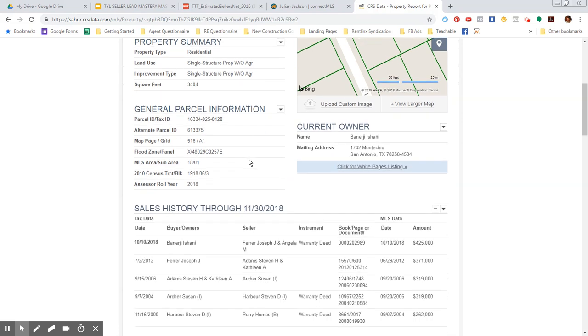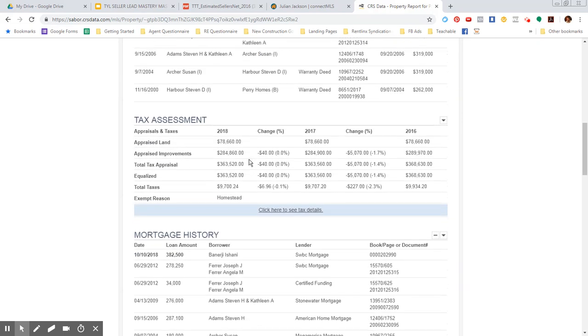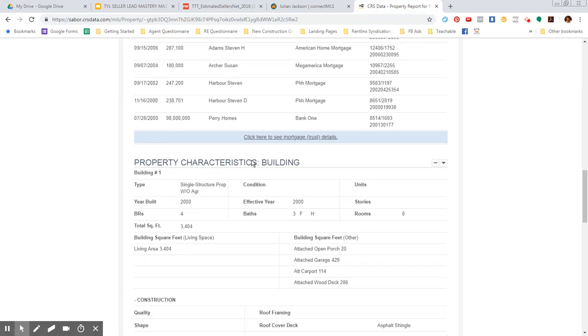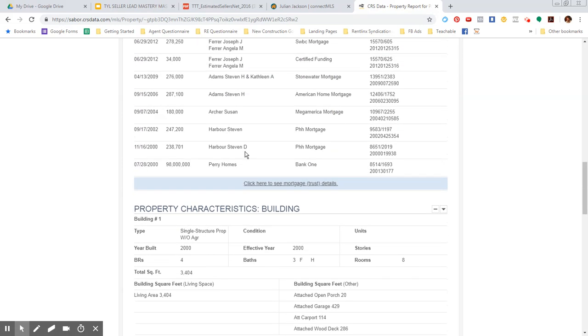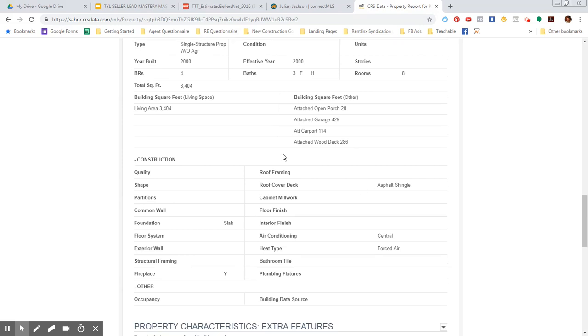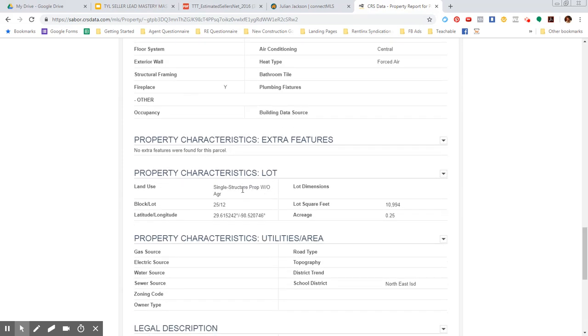Single story, $425,000, $9,700 taxes every year, and it talks about the owner, what type of loan they have on it, all those different things. So you look at who it's made by, how many times it's been sold, when the last note was made on this home, all that good stuff. When you look at it from that standpoint, this has all the information you're going to need literally to complete your listing agreement.